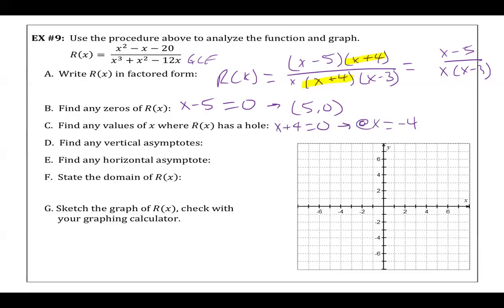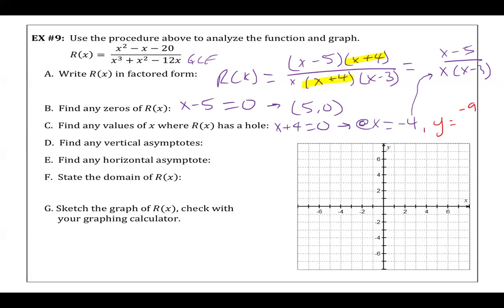To find where the hole is exactly located, you're taking this value and plugging it into your reduced form. So if I have x equals -4 and I plug it into my reduced form, that's how you're going to find the y of it. Does that make sense? So the x is at -4. To find the y, I'm substituting -4 in. -4 minus 5 is -9.